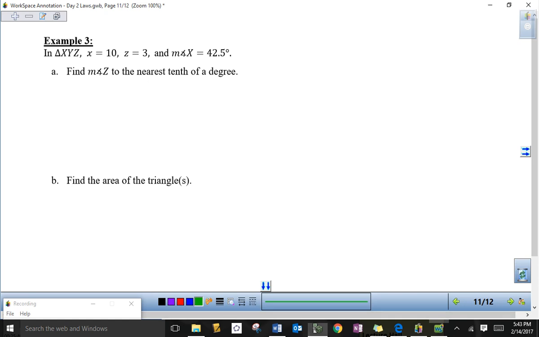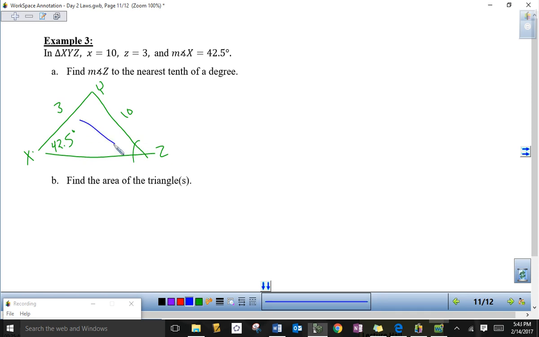Okay, example 3 is very similar to example 2. What I'd like you to do is pause the video and see if you can go find the measure of angle Z. Okay, I've got my drawing here. I'm told X is 42.5, and then little x is 10, little z is 3, and I need to find z.